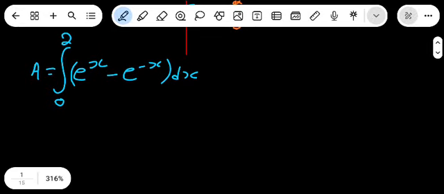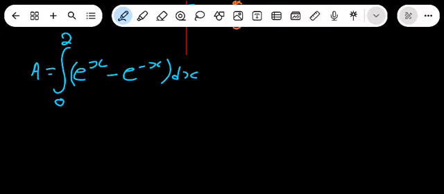Now let us integrate this. What is the integral of e raised to the power of x? It's simply the same, it does not change. We'll have e raised to the power of x. What about the integral of the second part?